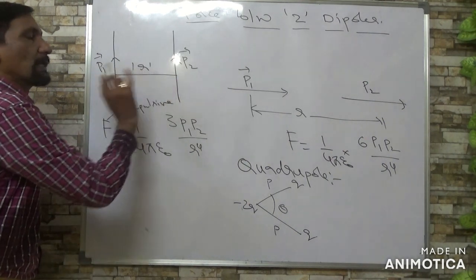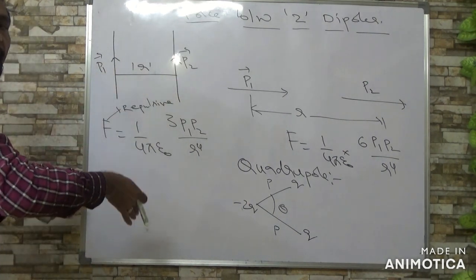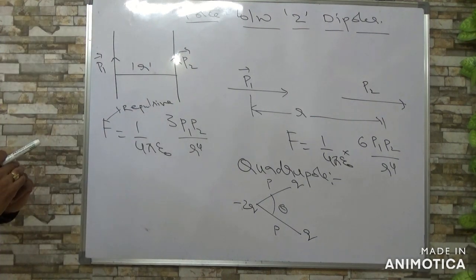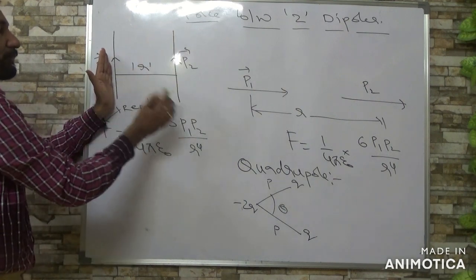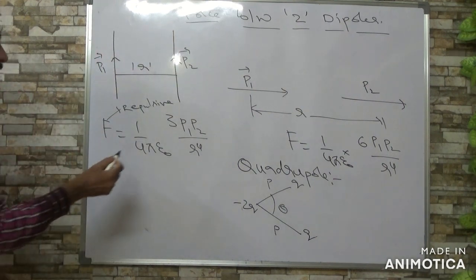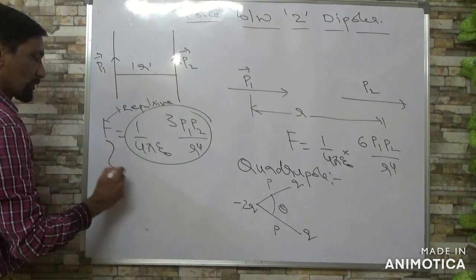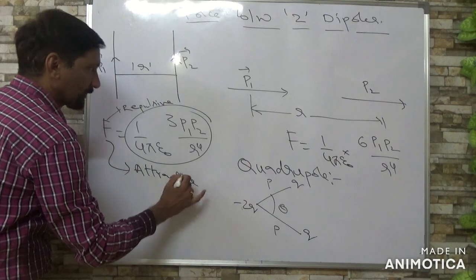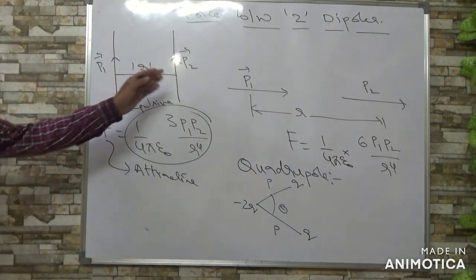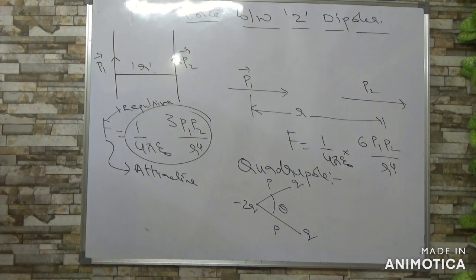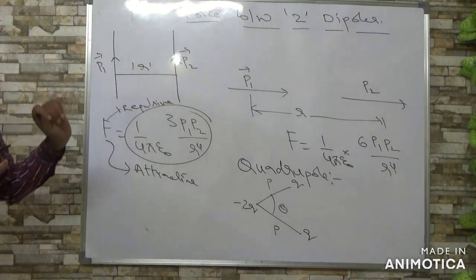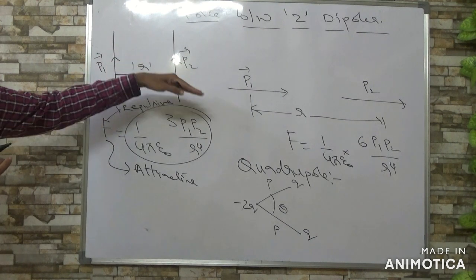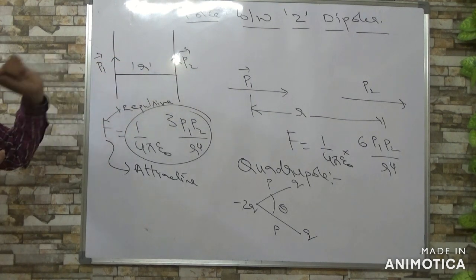It is a repulsive force because both the dipoles are taken along the same direction. Now suppose if one of them is reversed, then the same magnitude of force is treated as attractive force. Okay, this is when two dipoles of dipole moments P1 and P2 are placed parallelly with separation r.